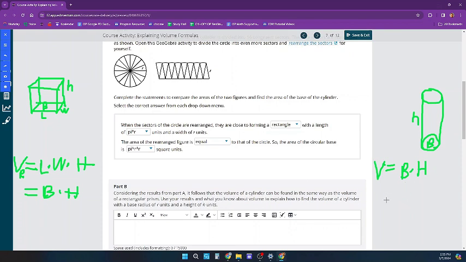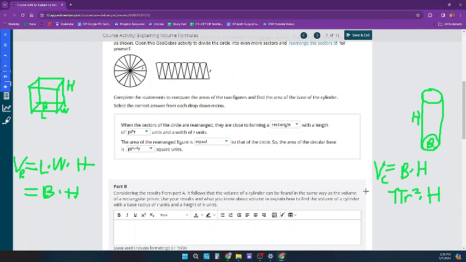And the area of a circle we remember is pi r squared, times our height. Let's make this a capital H for consistency. And this is going to be our volume for a cylinder.